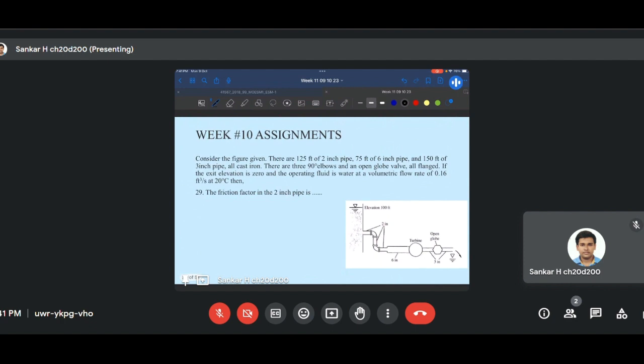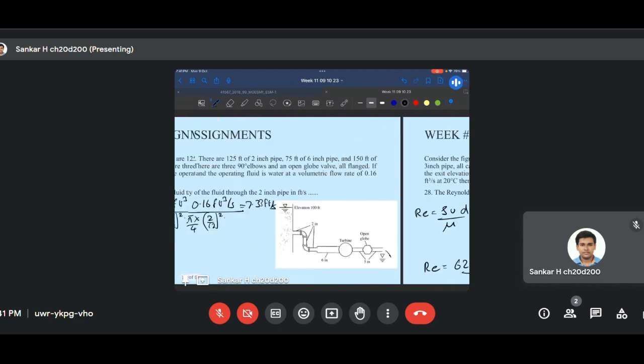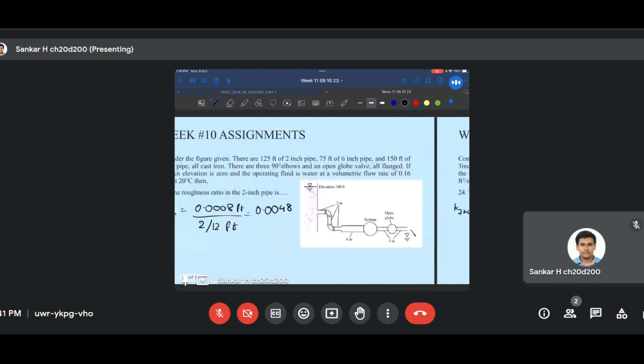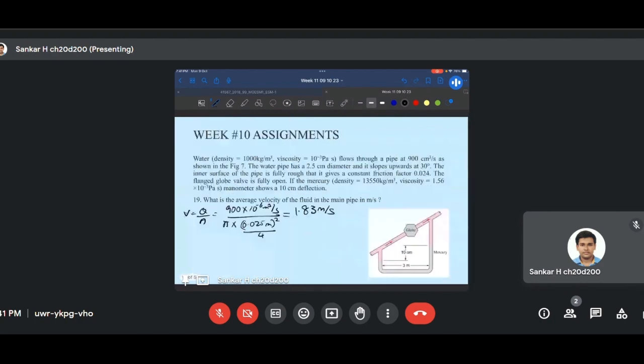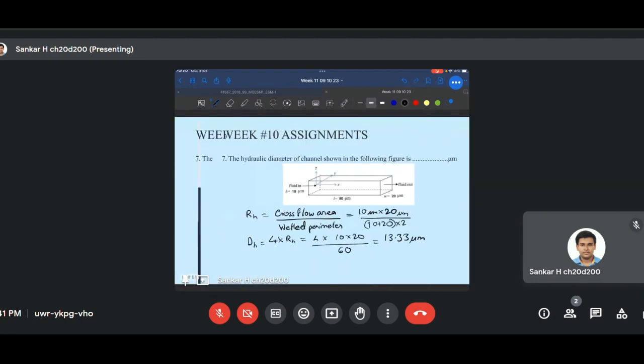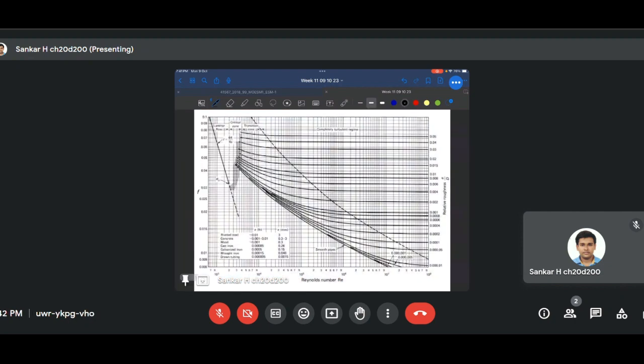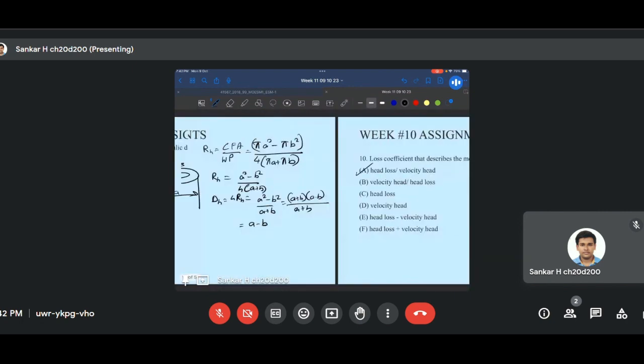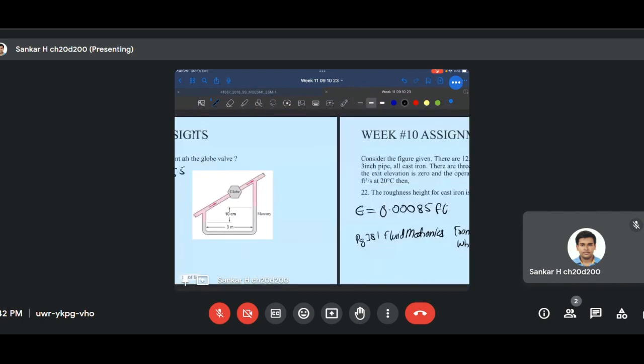Okay, let's find out the friction factor in the second 2-inch pipe. So we have to go back to our Moody's chart and find out what the value is over there. So I'll bring the Moody's chart here. Let's go back to question number 29.